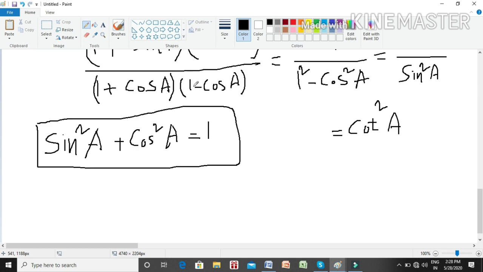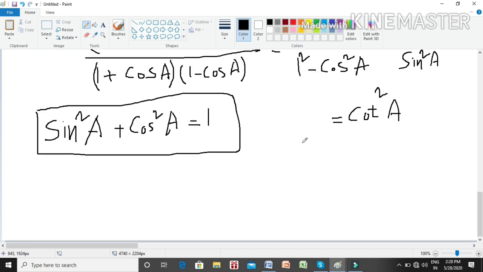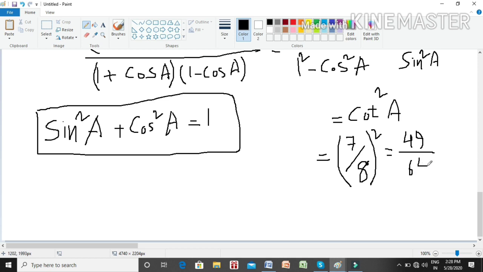For cot square A, we just square it. So 7 square is 49 and 8 square is 64. So 49 by 64 is the answer of the first expression.